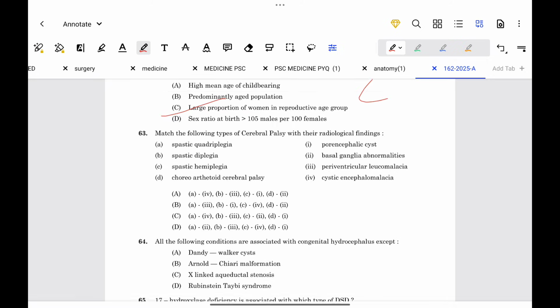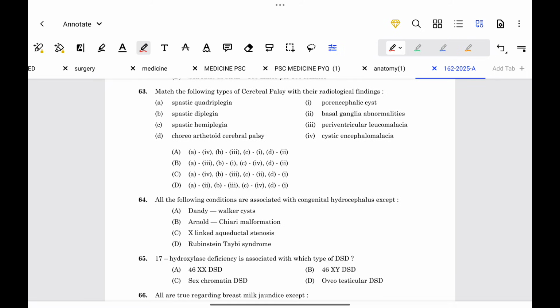Option C. Match the following types of cerebral palsy with their radiological findings. Spastic quadriplegia is cystic encephalomalacia. Spastic diplegia is periventricular leukomalacia.